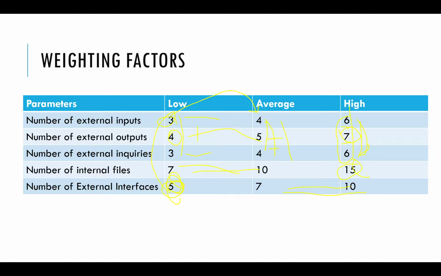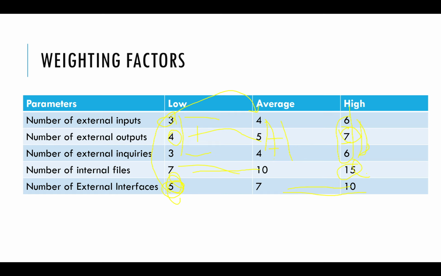What this table shows is that if a project has 10 simple inputs, 5 average outputs, and 3 complex files, we multiply each count by its weight, then sum up everything to get the UFP, the unadjusted function points.